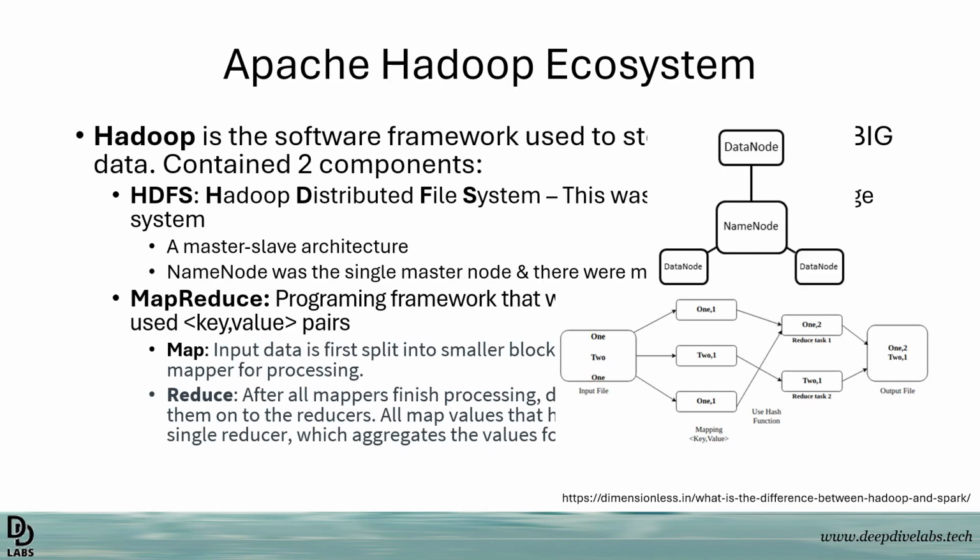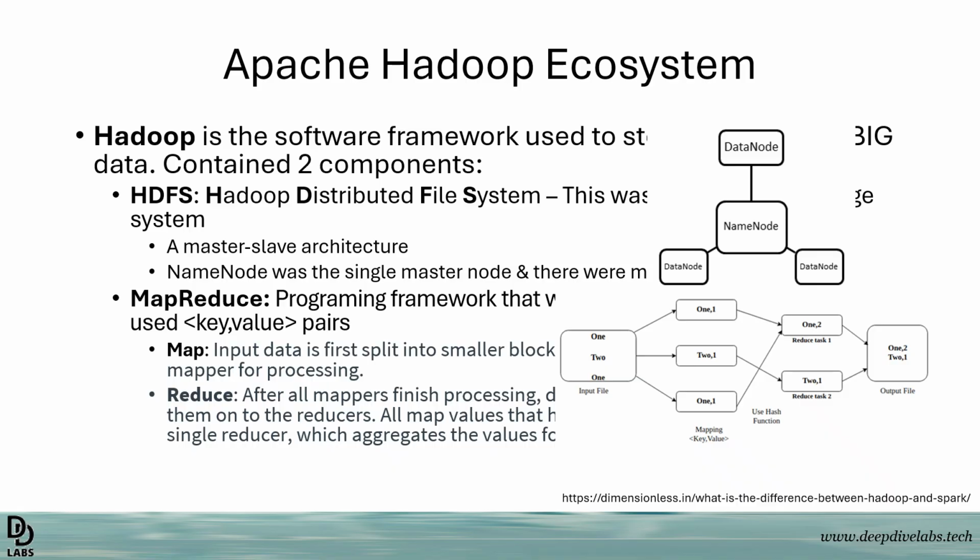Another very important component of the Hadoop framework is what is called MapReduce. This is a very important programming paradigm that was used to process big data using key value pairs. What MapReduce essentially did was convert all workloads into two steps, a mapping step and a reduce step.